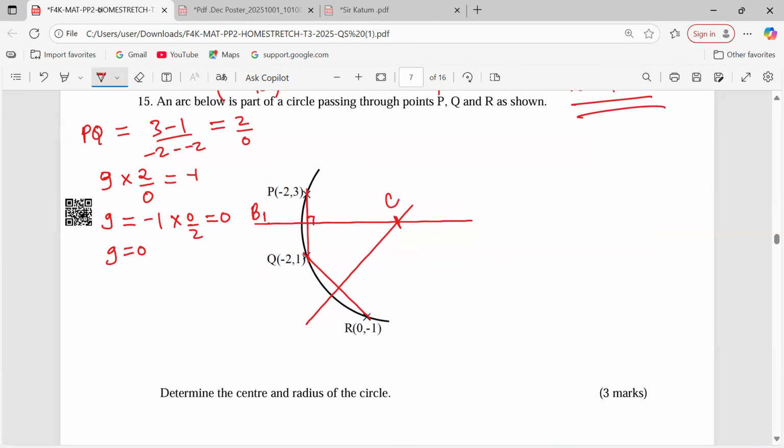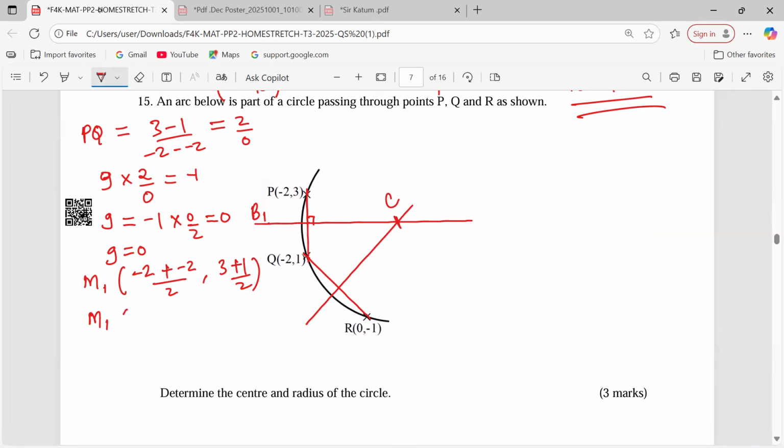So if that is a horizontal line, we can check the value of y at that particular line. Now, what is the point where this perpendicular is passing? The perpendicular B1 is passing through the mid of PQ, so mid of PQ, then we call it mid 1. Mid of PQ shall be -2 plus -2 over 2, 3 plus 1 over 2.